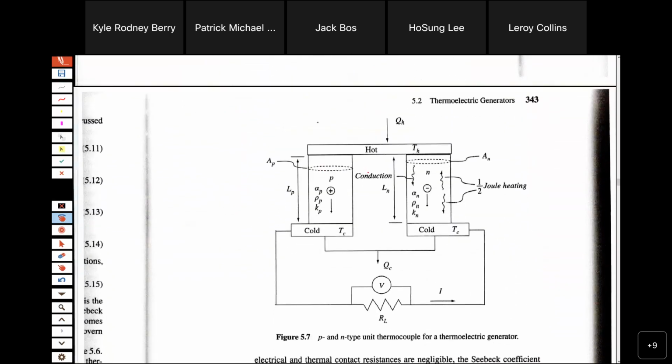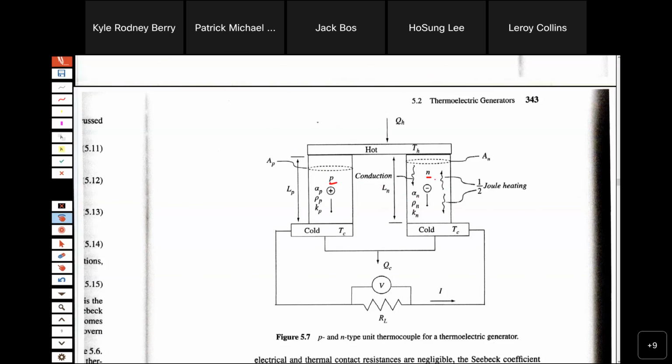But the unit couple, because the module is a number of units. So we just understand the unit, and then multiply to get a module. This is the unit couple, with an N-type and a P-type semiconductor.